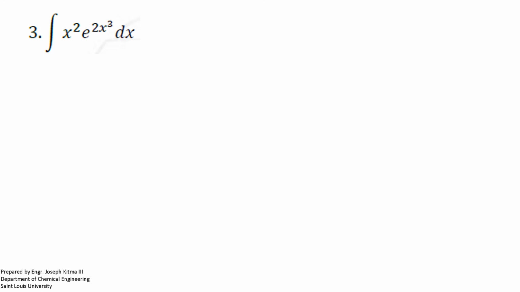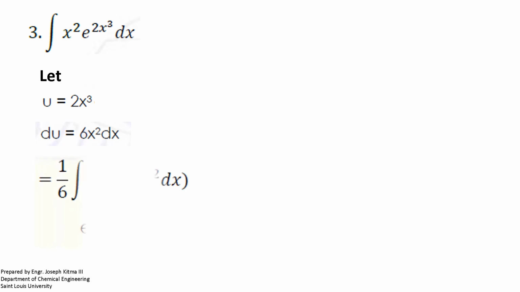We can check this by letting our u be equivalent to the exponent of e, which is 2x cubed. If we take its differential, that is actually 6x squared dx, we can see that x squared is part of the differential of u.